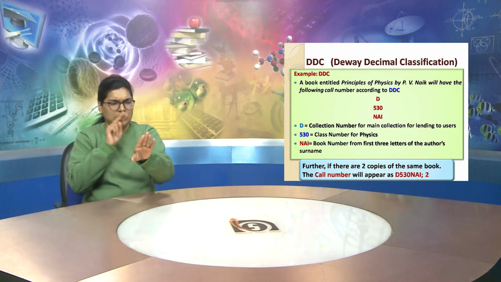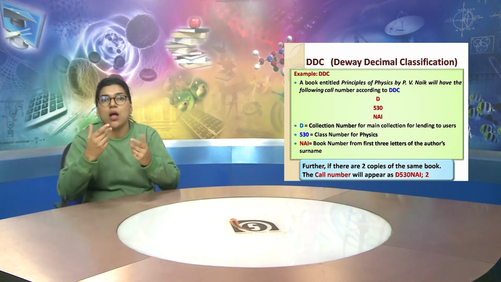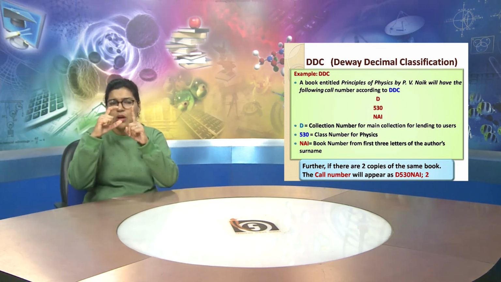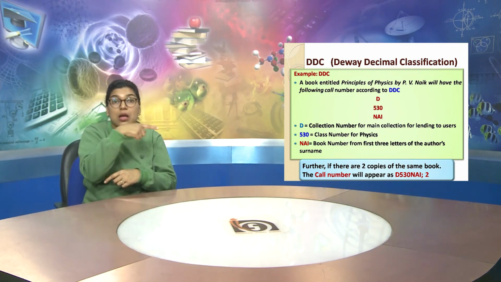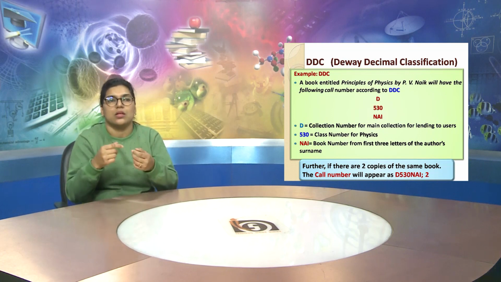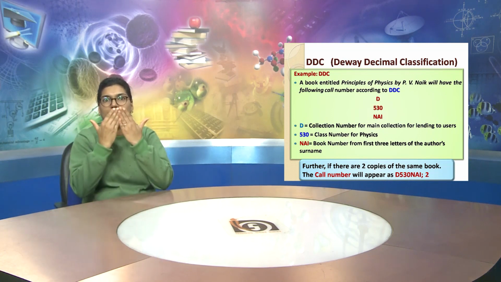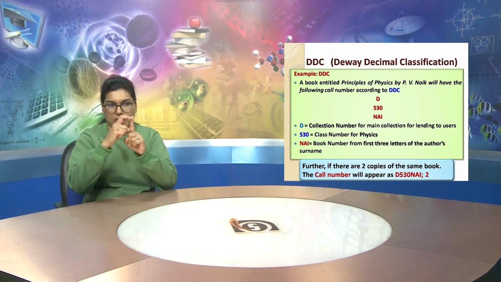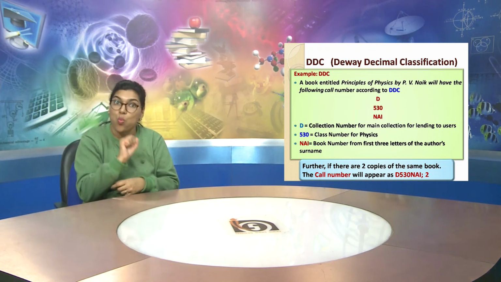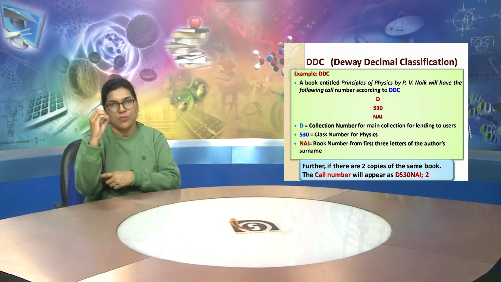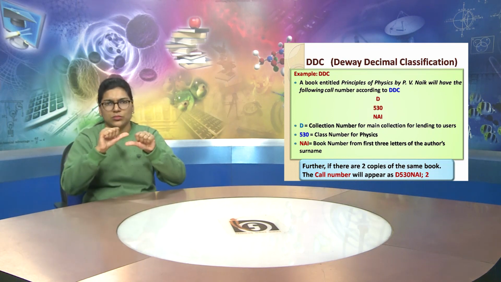So how would that number be given? Let me explain. In our previous table, a few slides ago, we had seen that D code is used for the books with subject education. So for that we have used D. After that, 530 is also a code.